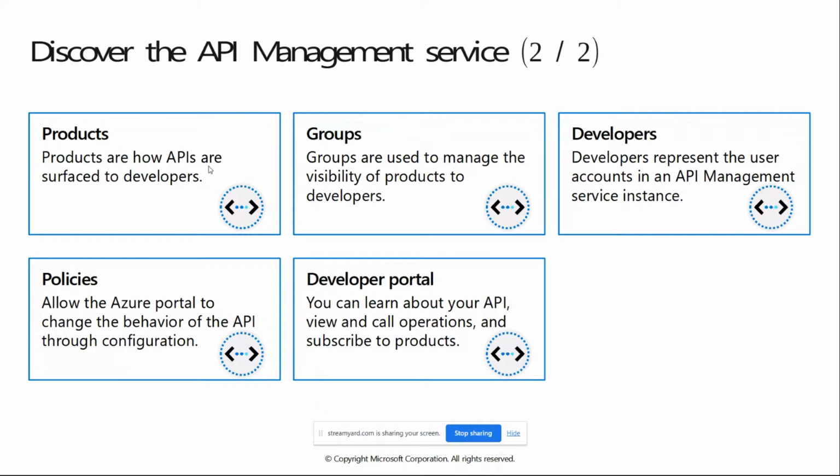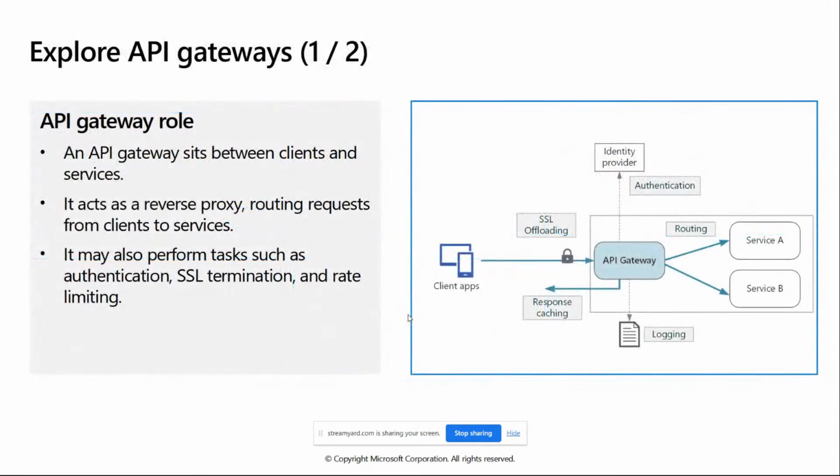Products are how APIs are surfaced to developers, and groups are how the visibility of the products to the developers is managed. Developers and policies are something we saw earlier in depth. Developer portal is what I was explaining a bit back.